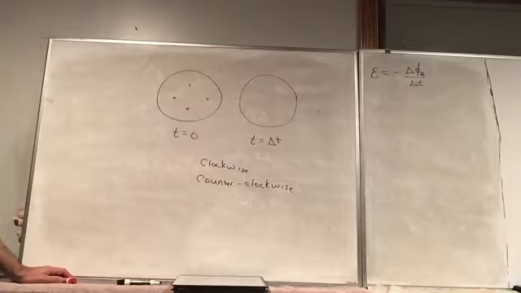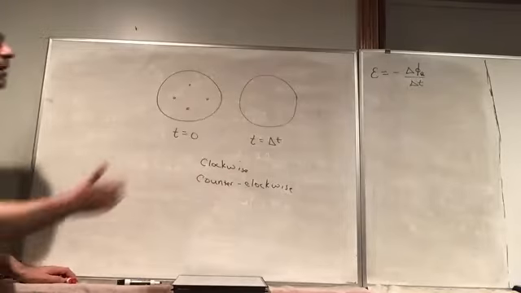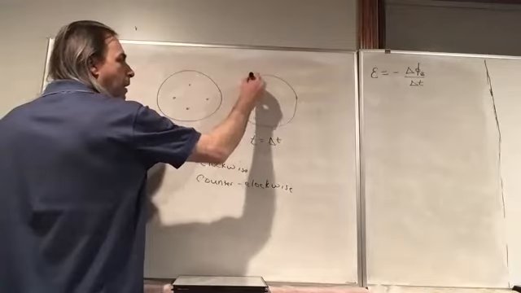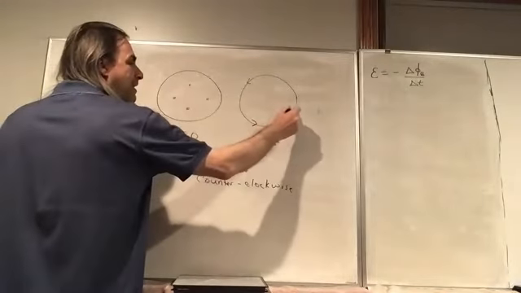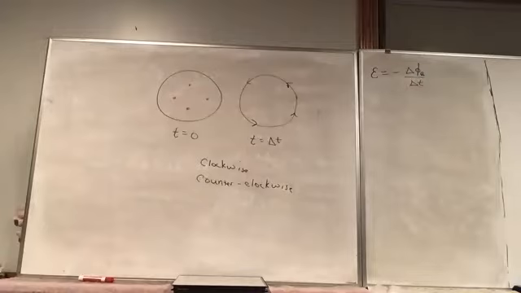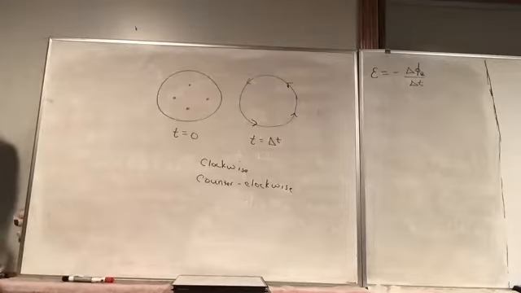And so by Lenz's law, the induced current will create a flux out of the board, that would be counterclockwise. So while the flux is decreasing, we would have a counterclockwise current in the loop. Okay, so again, that is Lenz's law.